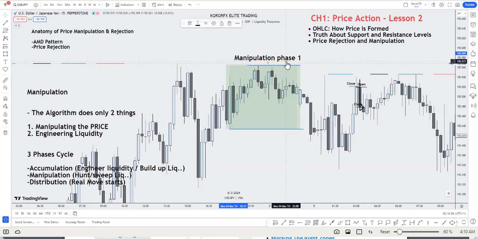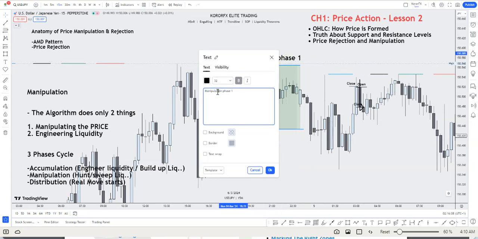Sorry, accumulation phase one. Yeah, this is accumulation phase one, baiting orders or engineering liquidities or building liquidities. So this is accumulation anyway.